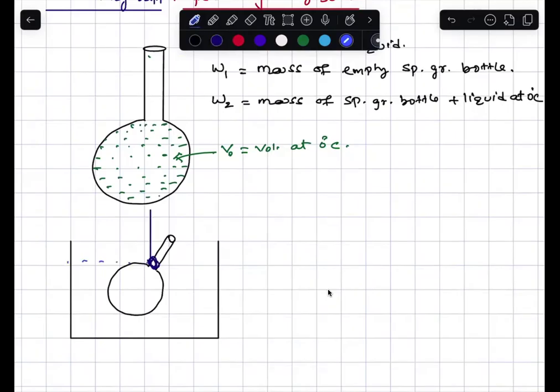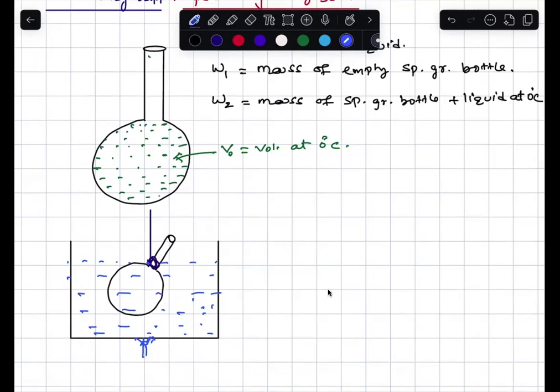And you have water till this point, and you are heating the water. The objective of heating the water in the beaker is to heat the liquid inside the specific gravity bottle, because you cannot heat the liquid contained in the bottle directly.